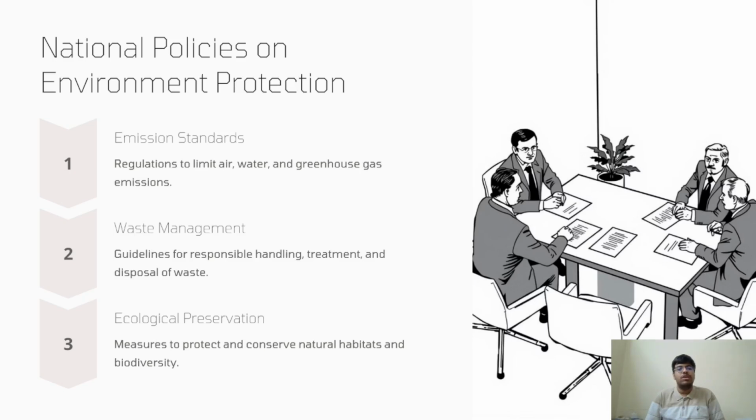Next one being waste management, where specific guidelines were drafted for responsible handling and treatment of disposable waste, which should be done in every household too. Next one being ecological preservation, where measures were taken to protect and conserve natural habitats and biodiversity, especially by making wildlife sanctuaries.